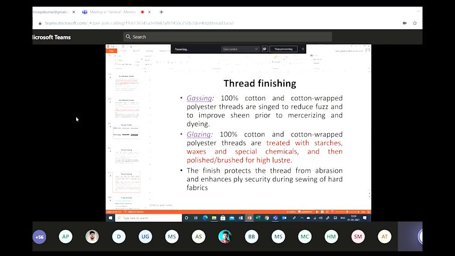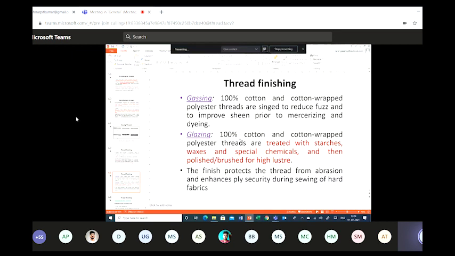These threads are passed through a very controlled flame, and with the heat, the protruding hairs and loops from the thread surface are burnt out. That gives improved luster.